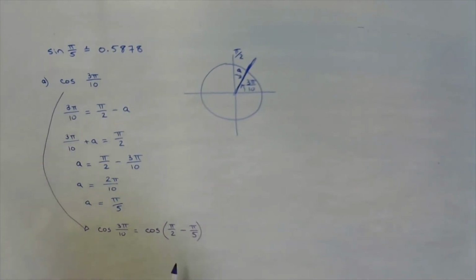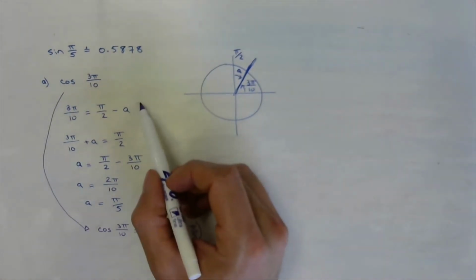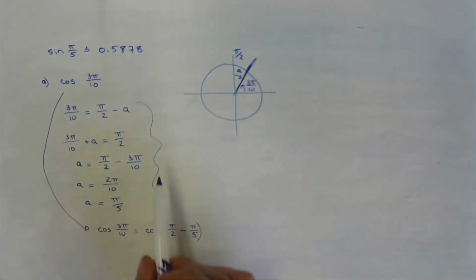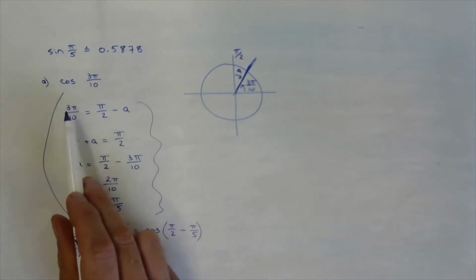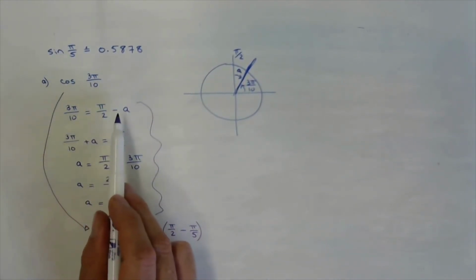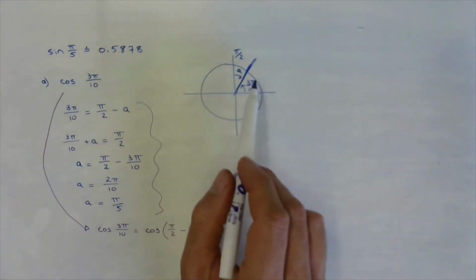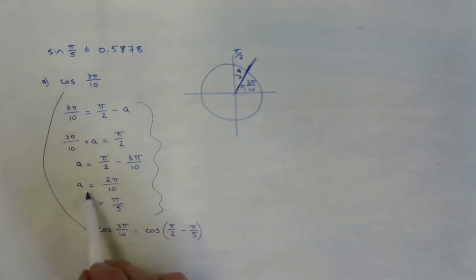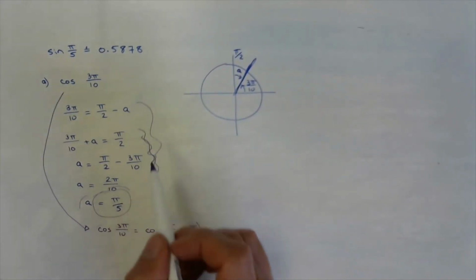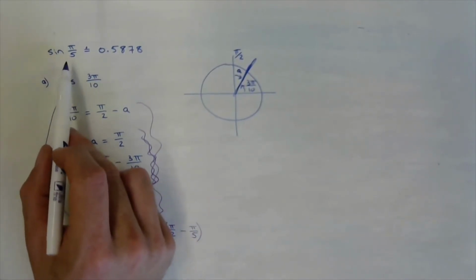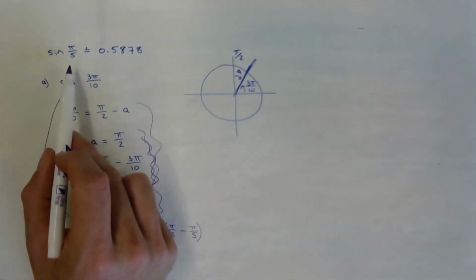Once you've done this a few times and you get good at it, you won't need to do all this written work in between, okay? You'll probably just write this right here, 3 pi over 10 equals pi over 2 minus a once you figure out what quadrant it's in, and then you can probably skip right down to a equals pi over 5, okay? This is the algebraic figuring it out, but look at the problem that they gave us. They told us that that's going to be the angle that we're working with.